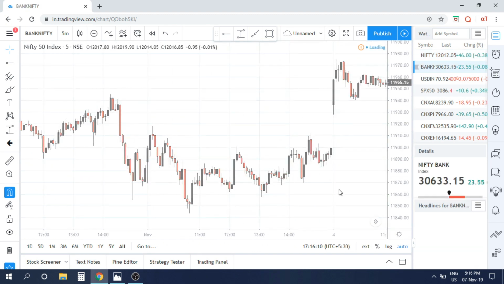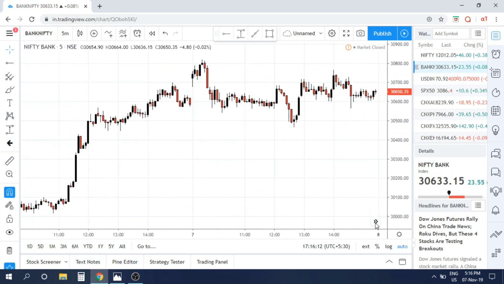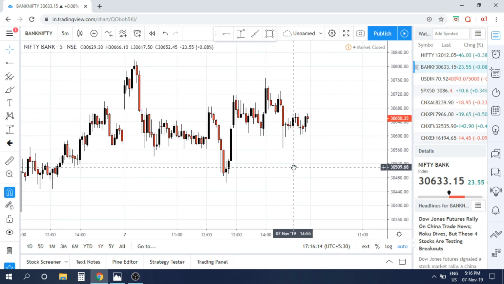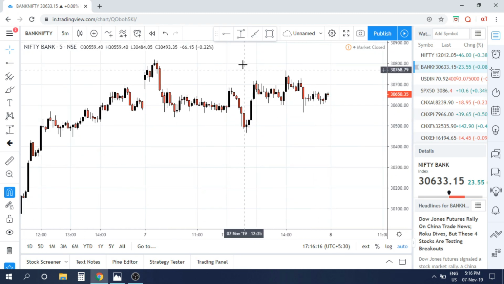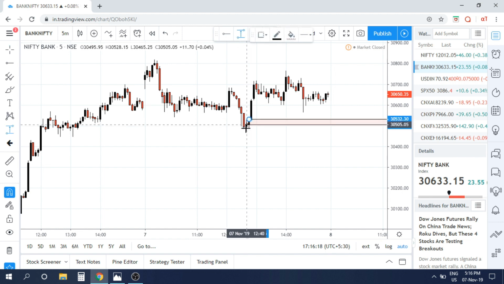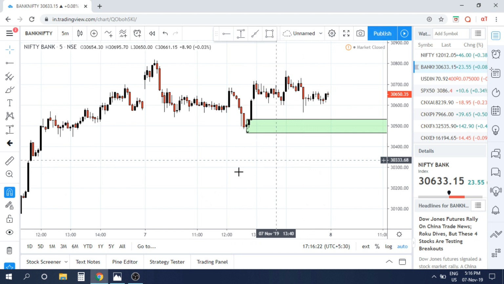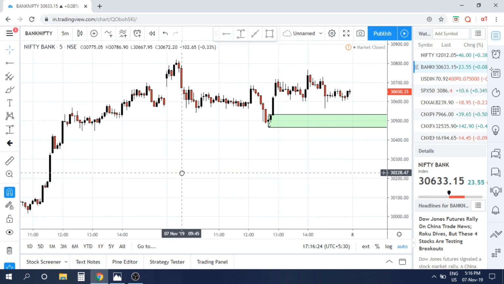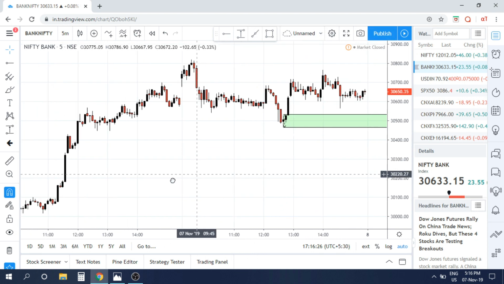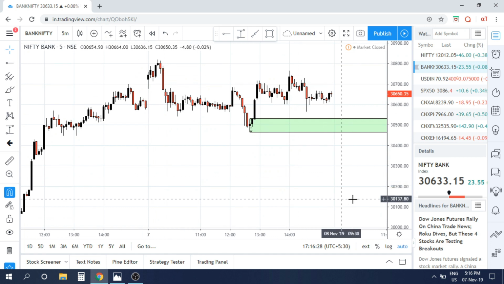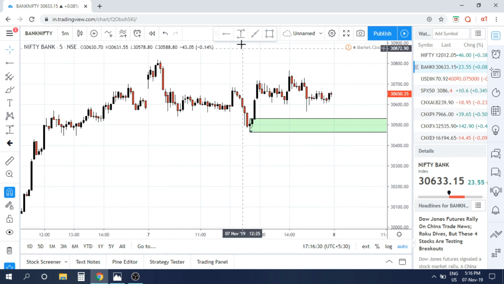Let's take a look at Bank Nifty. So again, very similar to Nifty, Bank Nifty also has this demand zone from today. Right, and there was the supply zone formed in the morning.